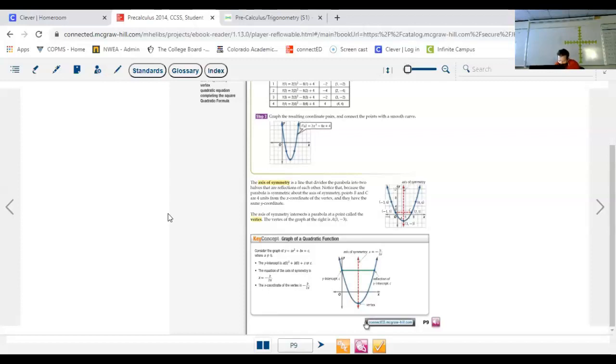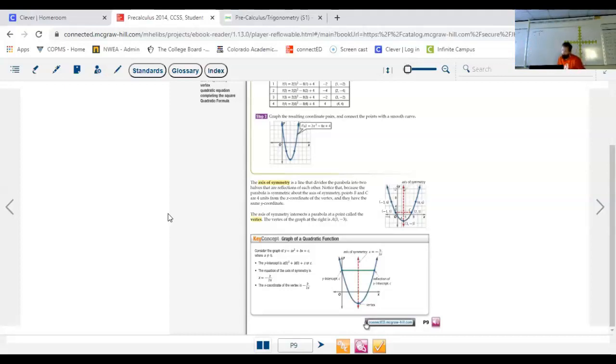And then it says the x-coordinate of the vertex is equal to -b over 2a. This is useful because, like I said, this is what allows you to graph these much more efficiently and to utilize the axis of symmetry. This is a key step in order to be efficient.